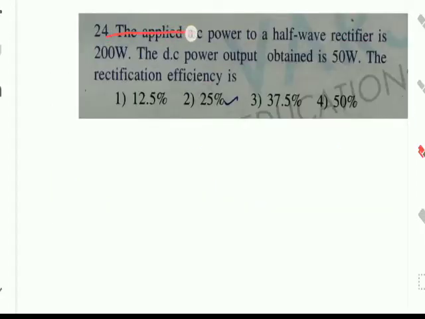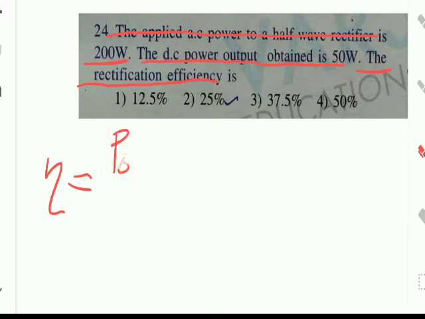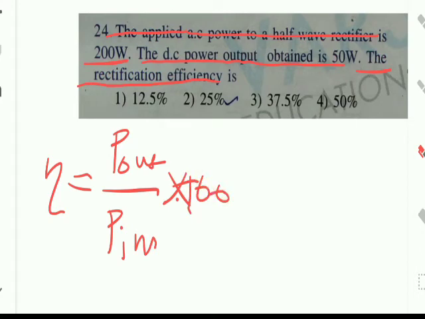The applied AC power to a half wave rectifier is 200 watts. The DC output power obtained is 50 watts. The rectification efficiency η is equal to output power by input power into 100%.